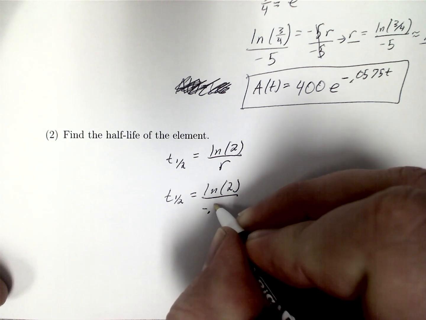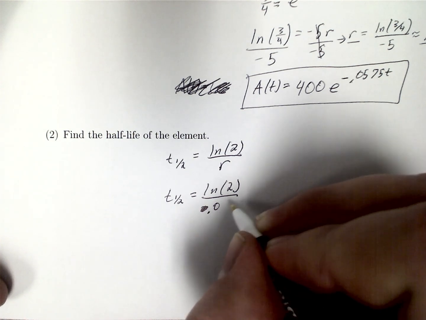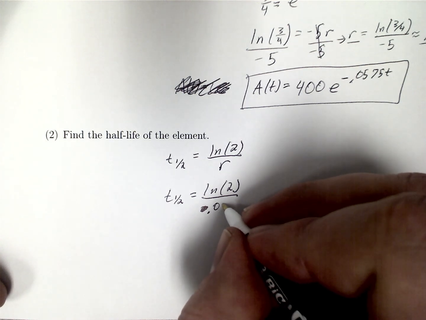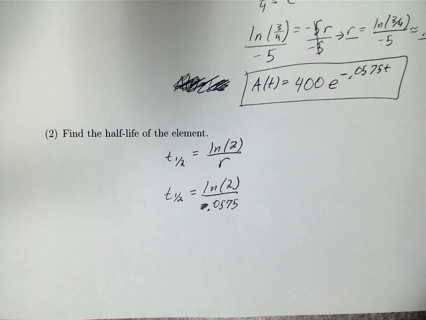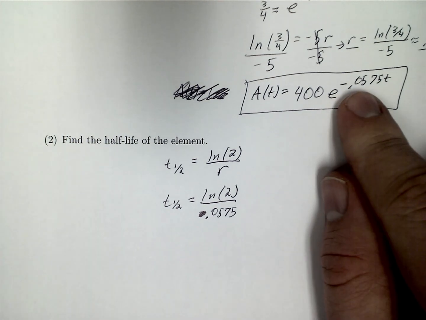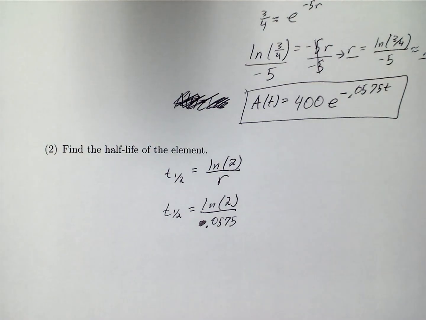No, there's no negative, sorry. So we don't have to worry about the negative. So 0.0575. And that's the only thing to keep in mind. The r does not actually have a negative the way that we've set up the model.